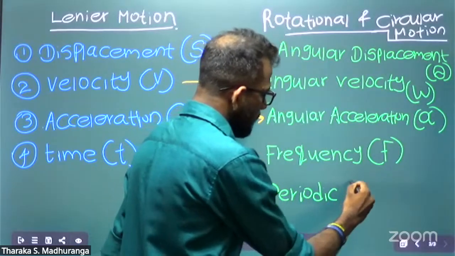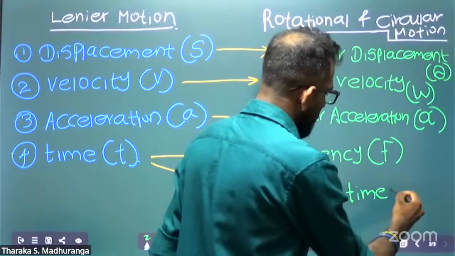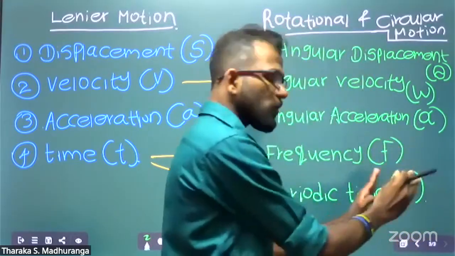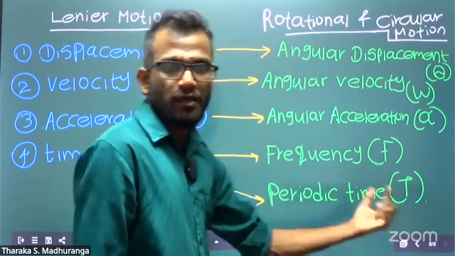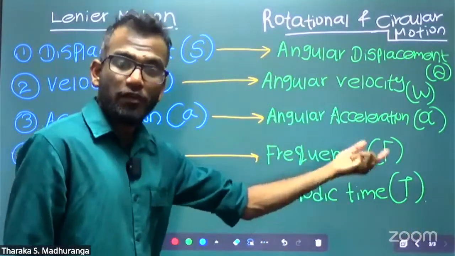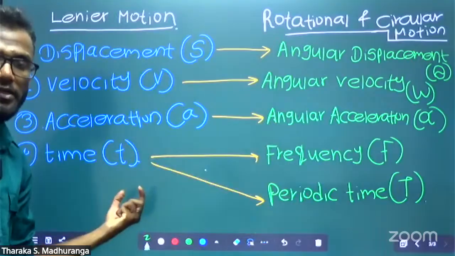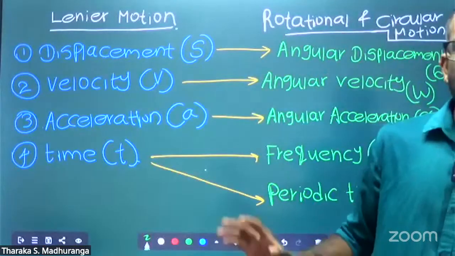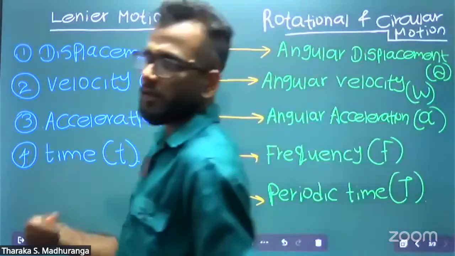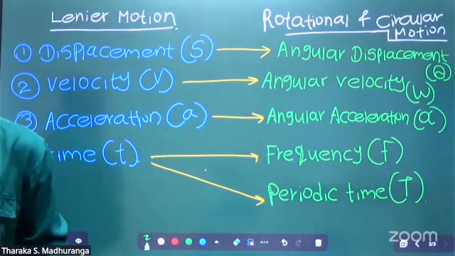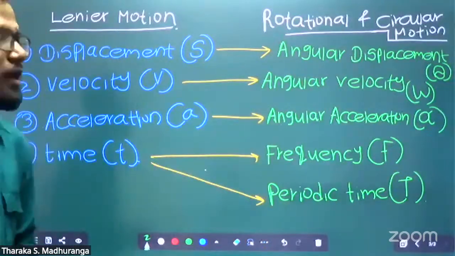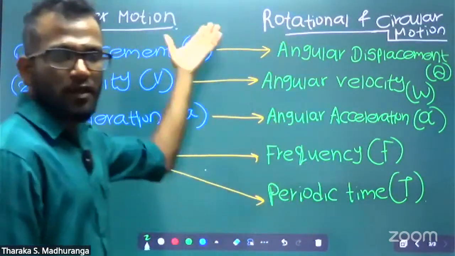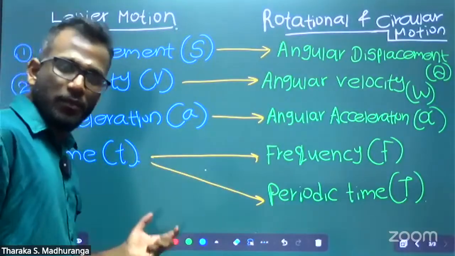The periodic time symbol is capital T. Frequency is simple f, periodic time is capital T. These symbols are very important because we always use them in equations and expressions in our calculations. They are the physical quantities we use in rotational and circular motions instead of linear motion.